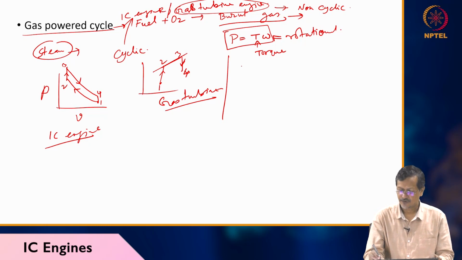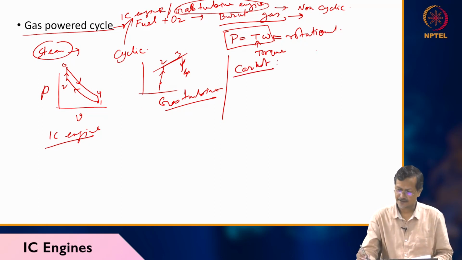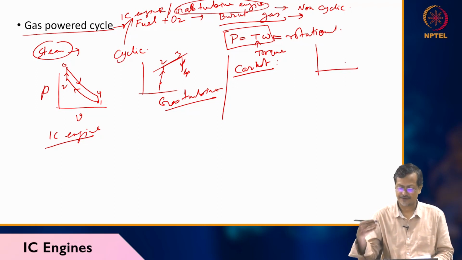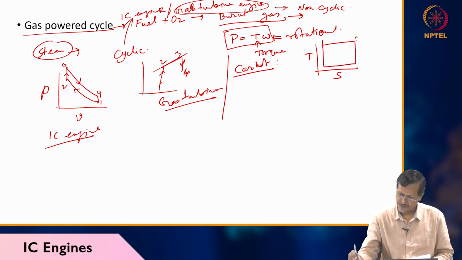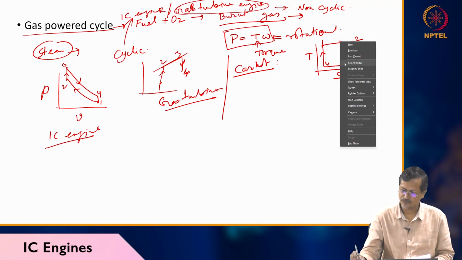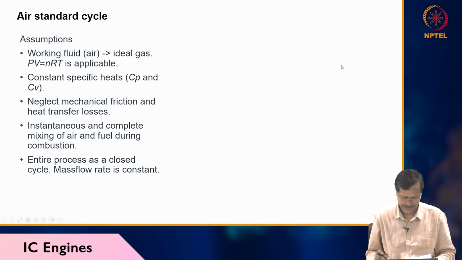Okay, so we talked about Carnot cycle. When we represent Carnot cycle, we draw a TS diagram. So 1, 2, 3, 4. This discussion is already there in the week 1 lecture, so you should go through this.